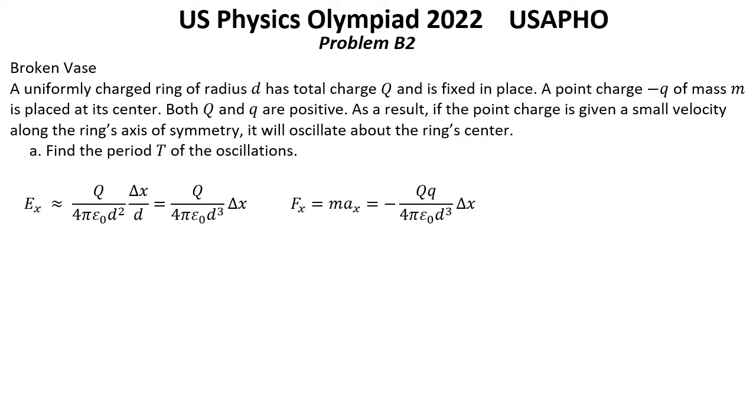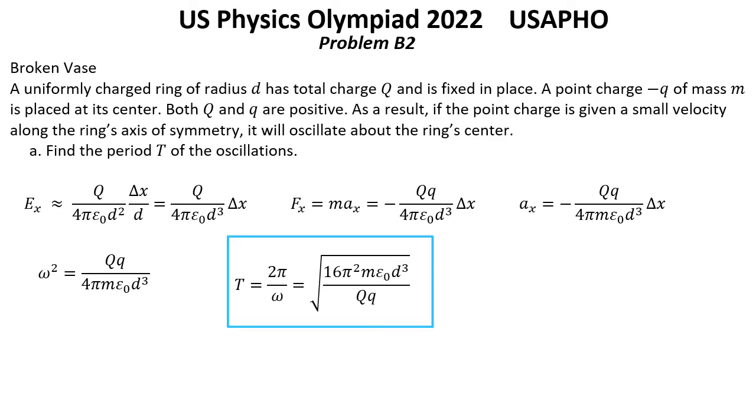And the direction is opposite to displacement, because the charge is negative. Now we can rewrite it in the form of acceleration proportional to displacement and in the opposite direction. This is the standard formula for harmonic oscillation, where omega squared equals this coefficient, where omega is the angular frequency. So from here we can find the period. The period will be 2 pi over omega, or this square root. That was the solution for question A.